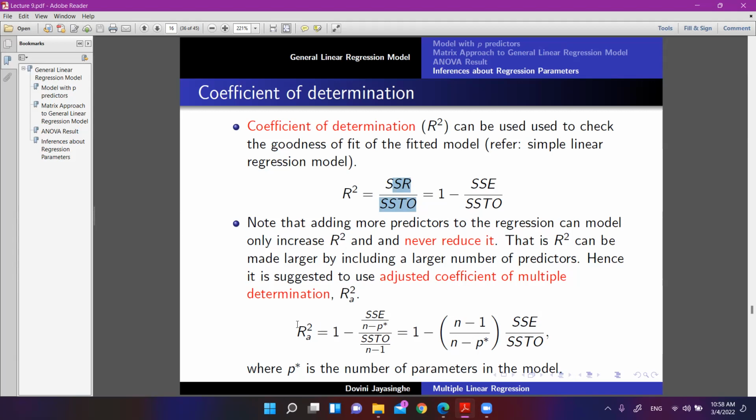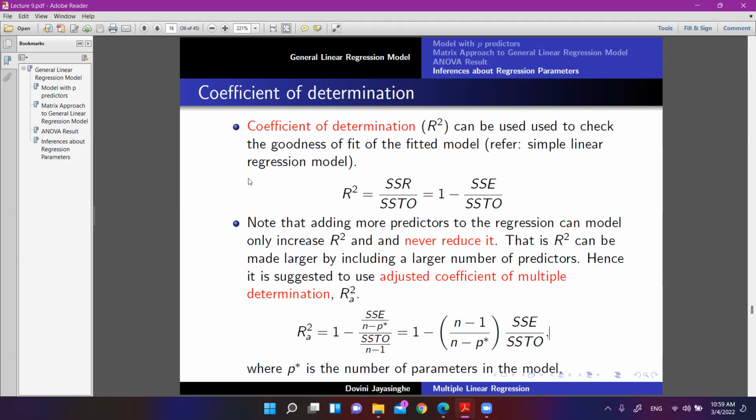So by adjusted R squared, or in other words, by this formula, you can exactly say whether this is a good model or not, right? So usually we take 80% as the figure, but when it comes to practical data sets, it's really hard to find 80% well-fitted models. So it depends on the researcher, whether they're going to say it's a good model at the level of 80% or 50% or whatever it is.